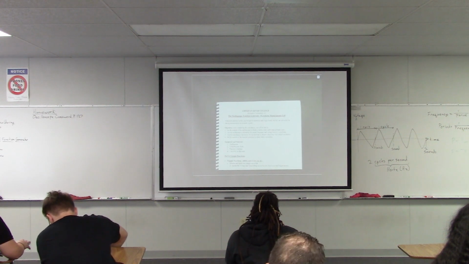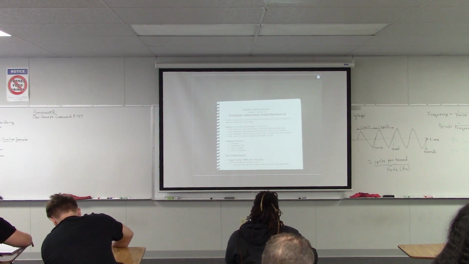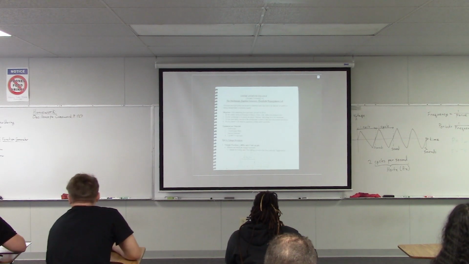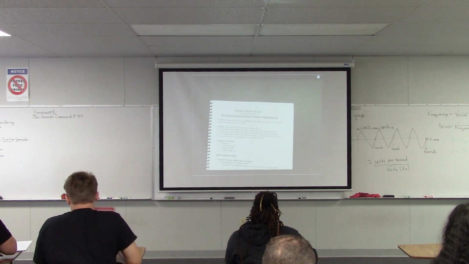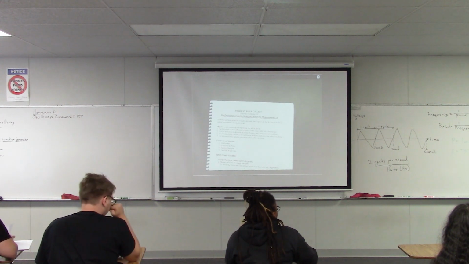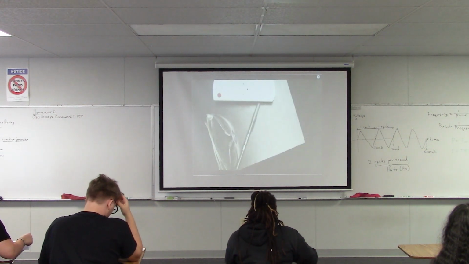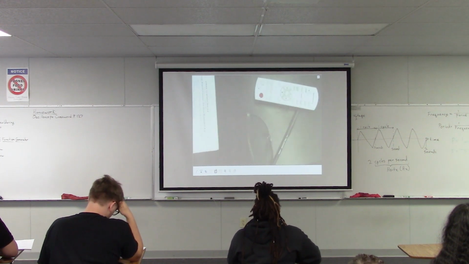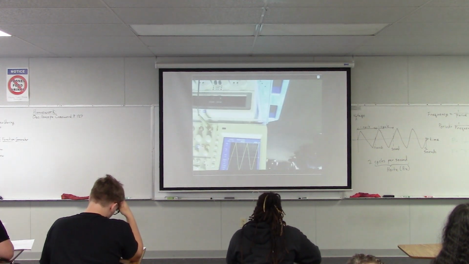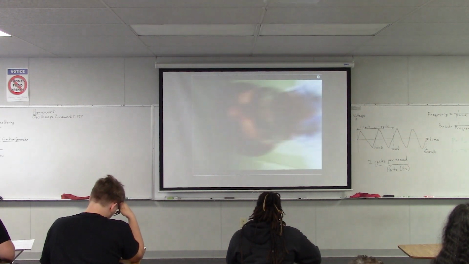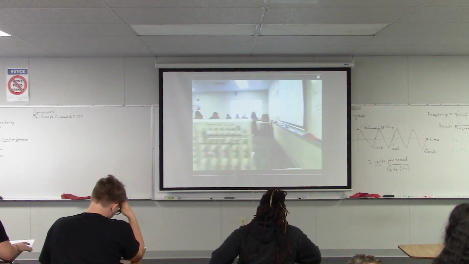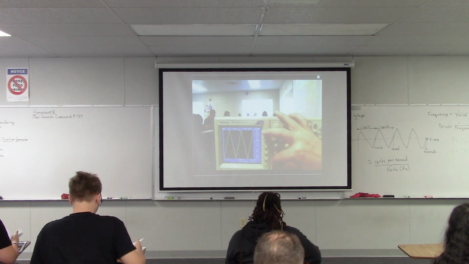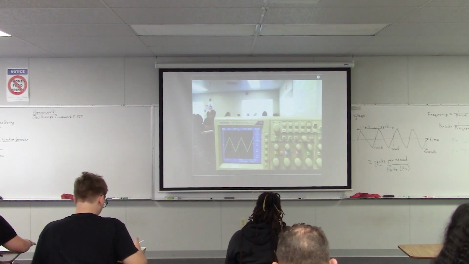Now, the next thing it says is to measure and sketch the waveform. So the first thing we want to do is set this up so that it looks nice on the screen. So what we can do is adjust the oscilloscope screen so that the wave looks nice.